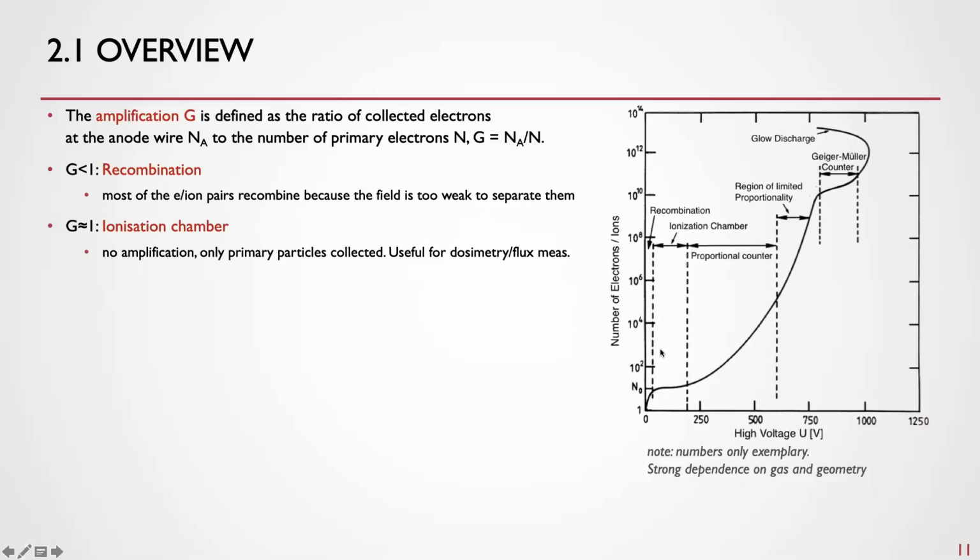Above a certain threshold, for this detector example probably 30-40 volts or so, it's enough that separation takes place, but there's no amplification. So we collect the primarily produced electrons and ions at the anode and the cathode, but only those charge carriers are collected.